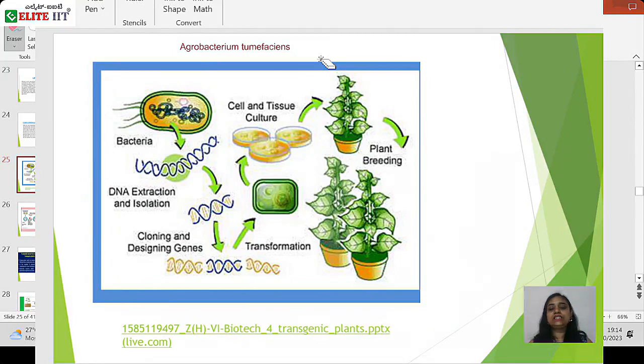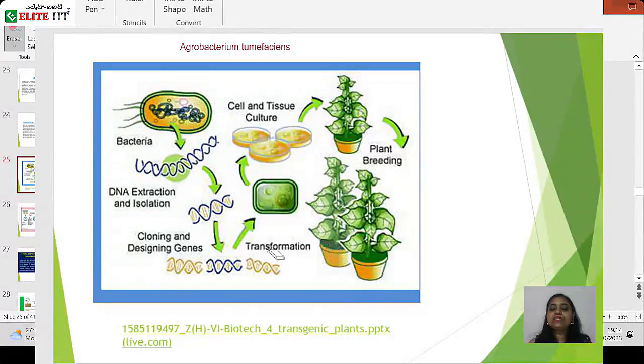In this case, this is the expression system. A simple way of how it is happening. From the bacteria, DNA is extracted. The Ti plasmid is extracted. Now cloning is done during the recombinant DNA formation. So in that case, you have to do it in this way: cloning and designing the genes.